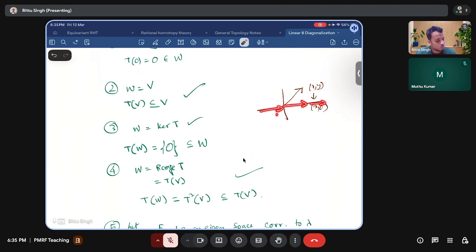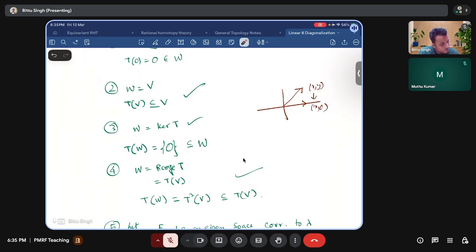So it is also T invariant from this observation. But it is also clear directly that for any vector (x, 0), if we apply T, it will again land here: (x, 0) maps to (x, 0). Right? So those are some examples.